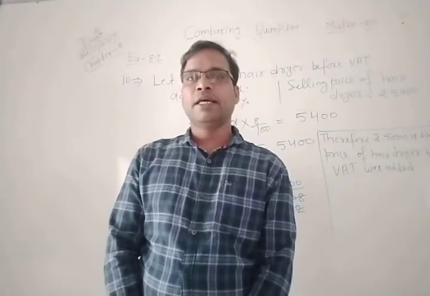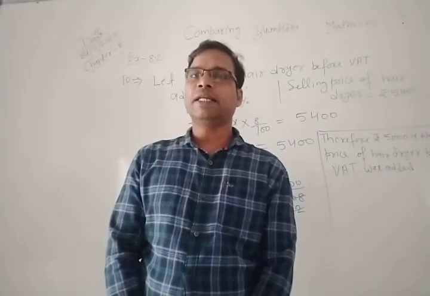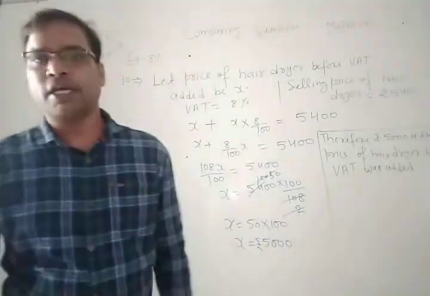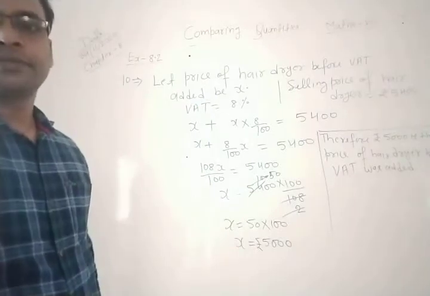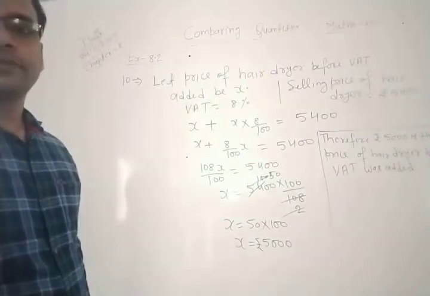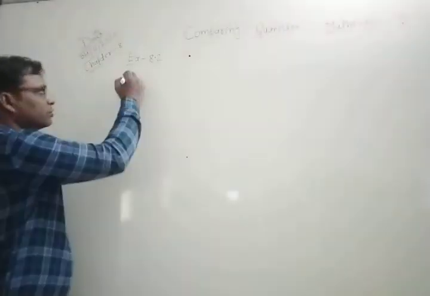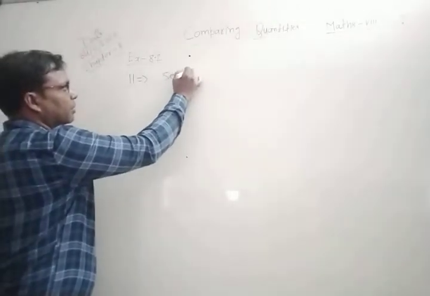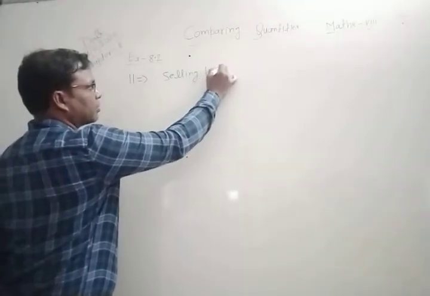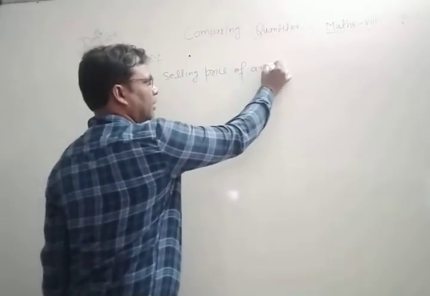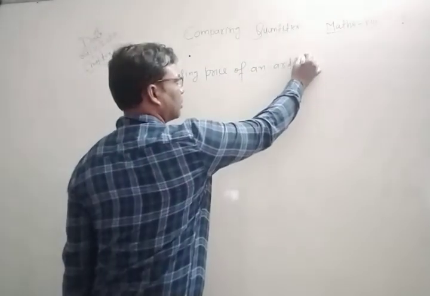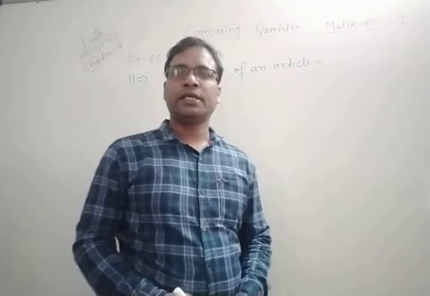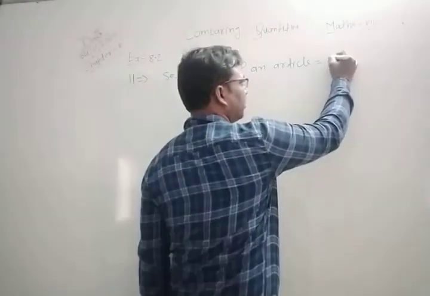The selling price of the article is given here, 1239 rupees. Let's see how to solve this. This is question number 11, and the selling price of an article is given as 1239 rupees.